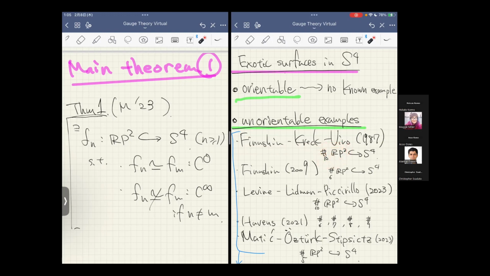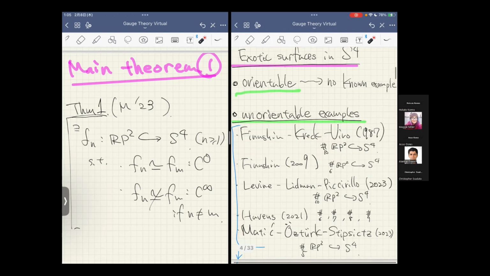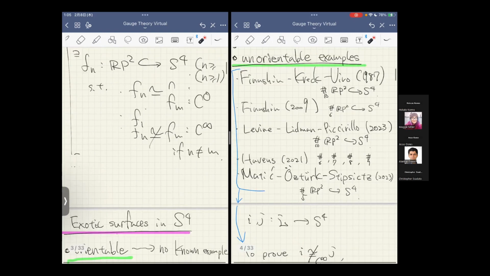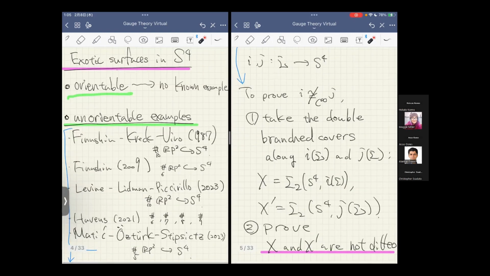After that, there are several examples given. So recently, Miyazawa, Ozsváth, and Stipsicz gave an example of exotic unorientable surface with genus 5. So in these papers, to prove they are not smoothly equivalent, we have two steps.